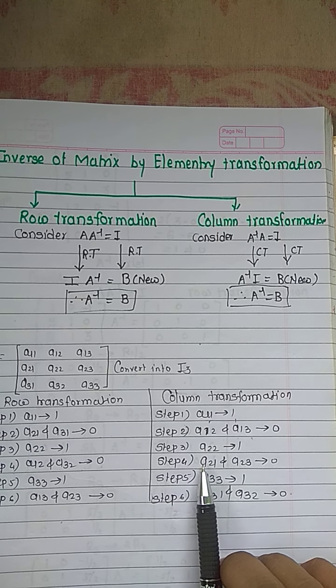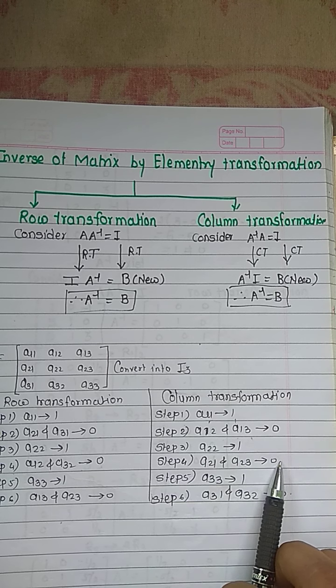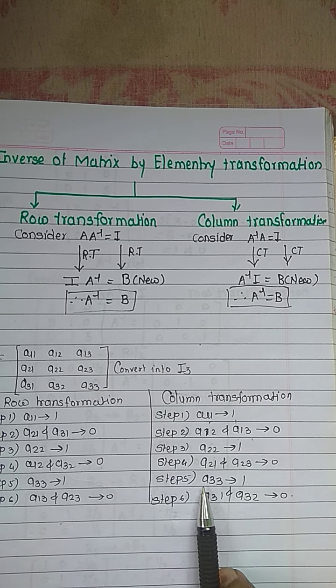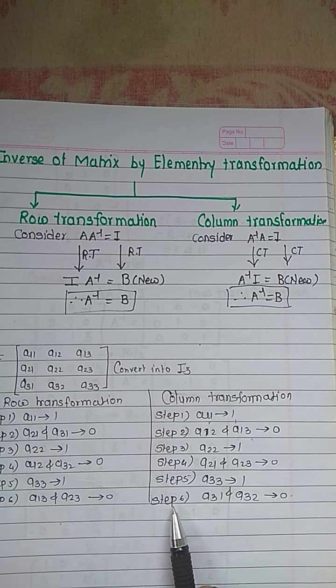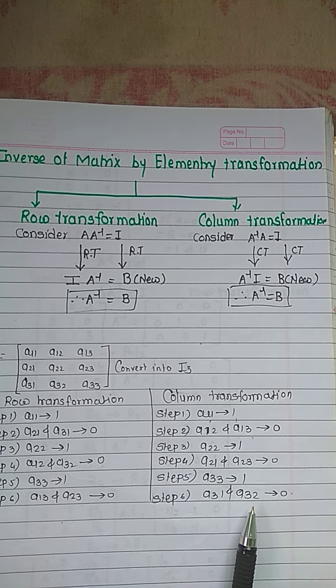Step 4, reduce the A21 and A23 position elements to 0. Step 5, reduce the A33 position element to 1, and last step 6, reduce the A31 and A32 position elements to 0.